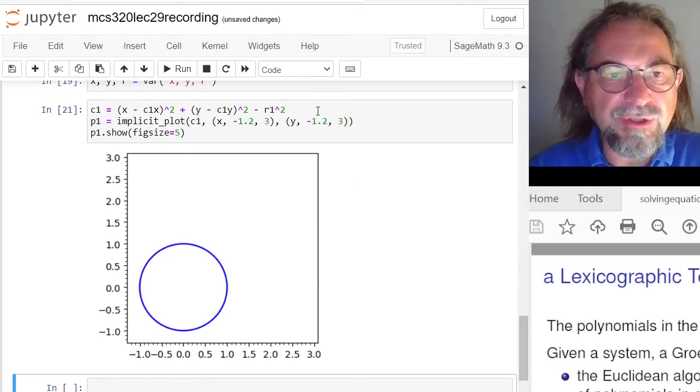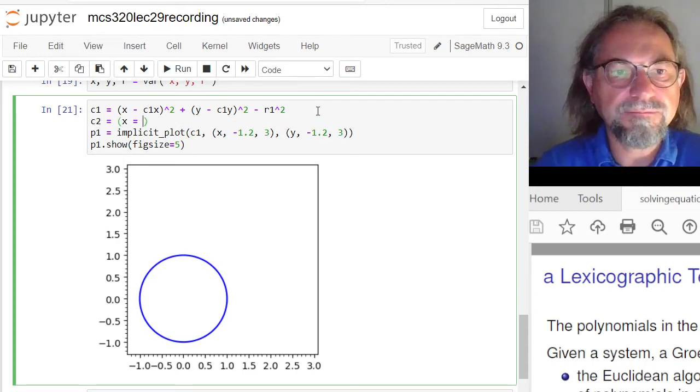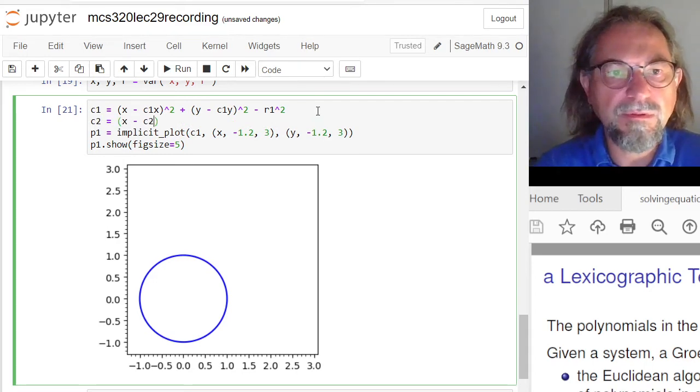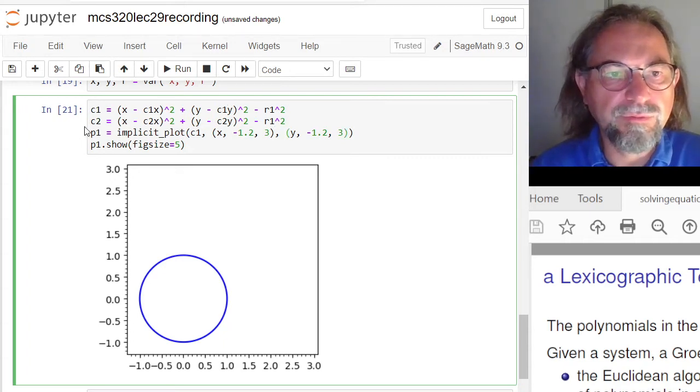Let me continue in the same code cell by writing down the equation for the second circle, and I will do the implicit plot as well.